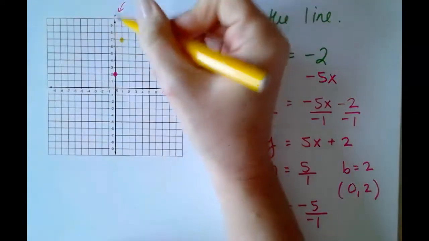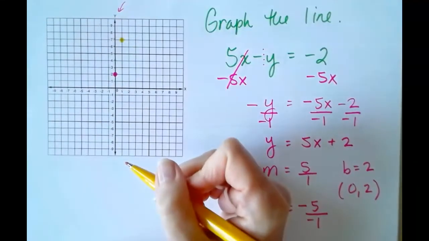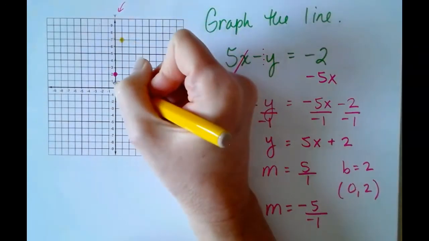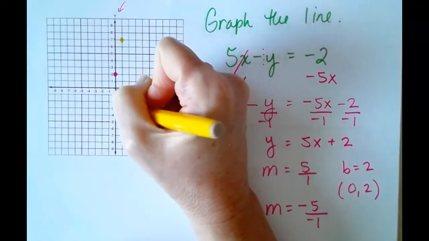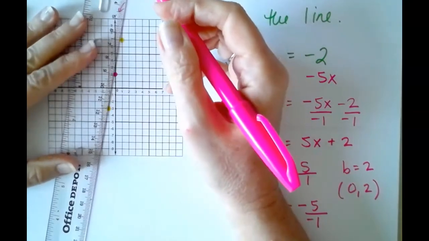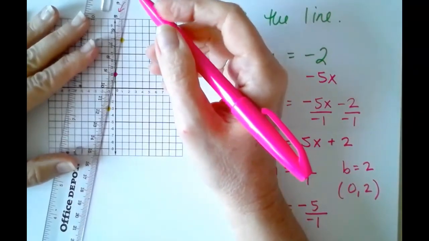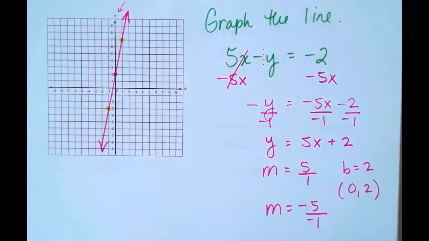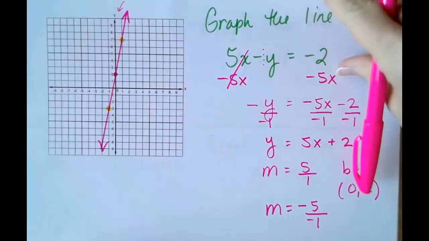So instead of going up 5 more, we can go down 5, back 1, and be on the same line. 1, 2, 3, 4, 5, back 1. Still on the same line. Our line has a nice, consistent, steep slope of 5. Our function is increasing at a rate of up 5 over 1. We have graphed the line.